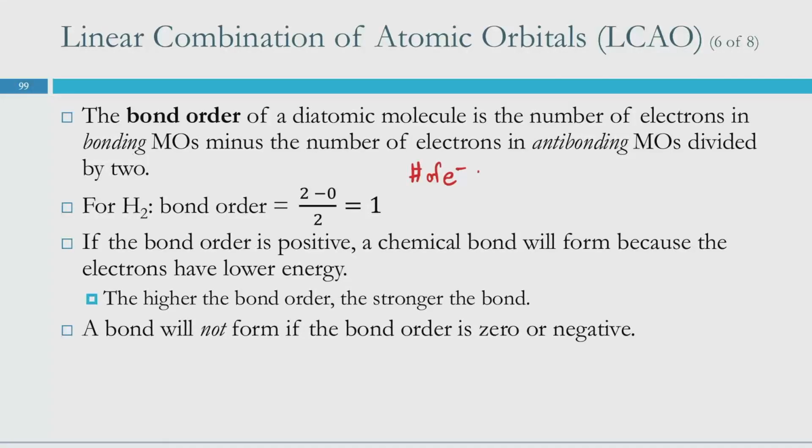So the number of electrons in bonding minus the number of electrons in antibonding. How many electrons are in a bond? A normal single bond. 2. So we're going to divide by 2.